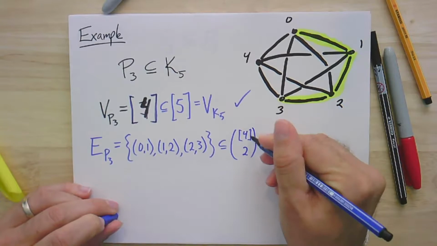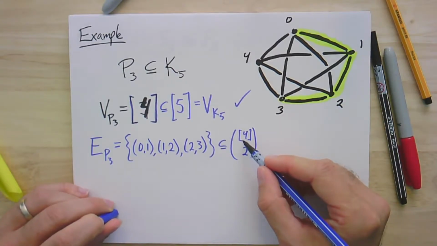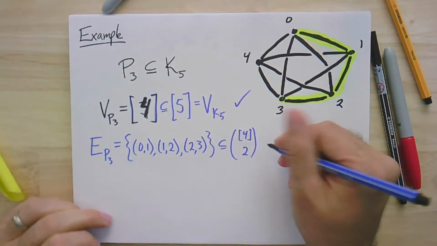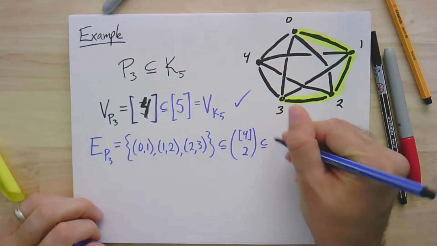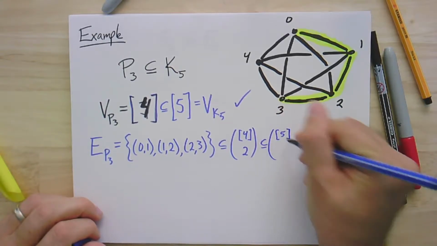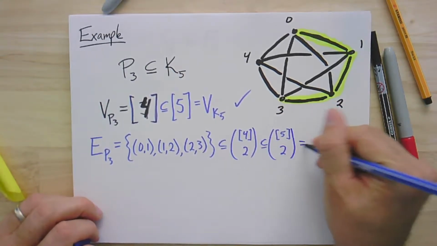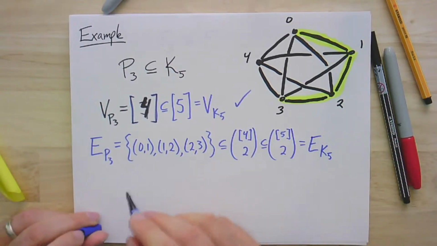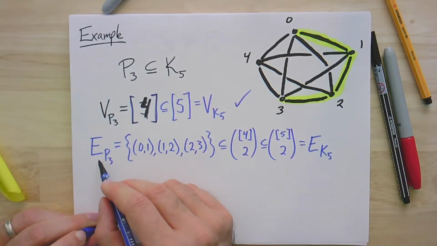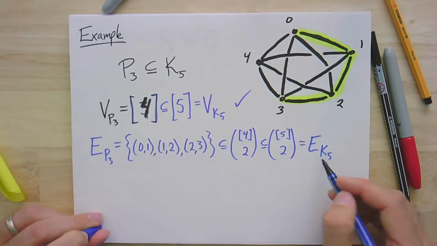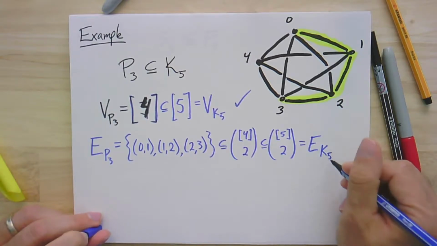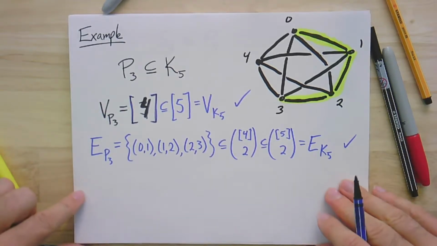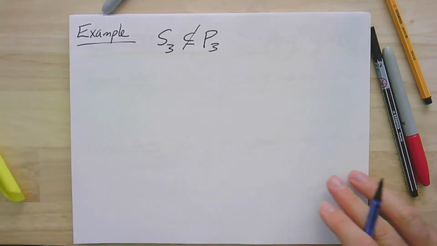So we write that, remember, as the set, this range, {0,1,2,3} choose 2, which would be a subset if we took a larger set here, {0,...,4} choose 2, which is the edge set of K5. Remember, by definition, it has all pairs of edges. So again, the edges of P3 are all in the edge set of K5. So this is also a subset. And so we have this subgraph relationship. Okay, this one, pretty easy.